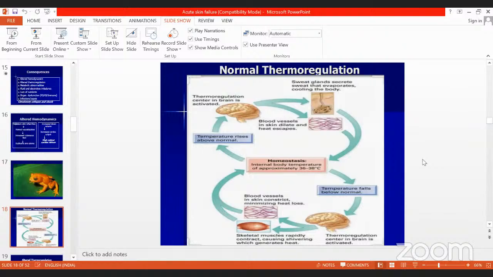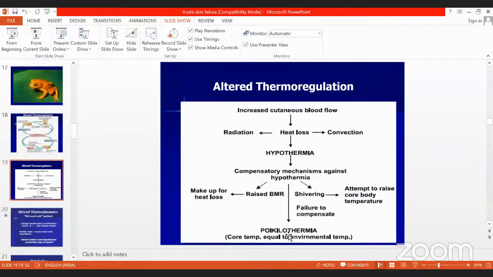Now, normal thermoregulation is that when the temperature rises above normal, there's a thermoregulation center in the hypothalamus of the brain, which triggers sweat glands to secrete sweat and also causes vasodilatation. So the body cools down. And conversely, if the temperature falls below normal, the reverse happens. And so you have maintenance of the body temperature between 36 to 38 degrees, core body temperature.